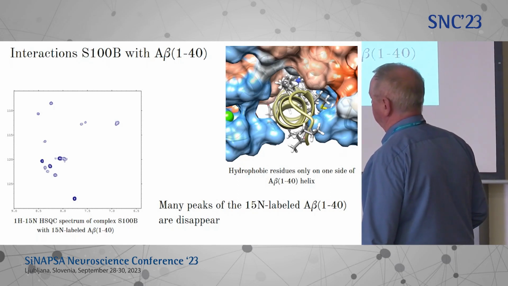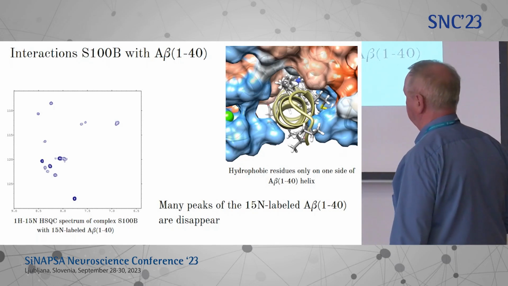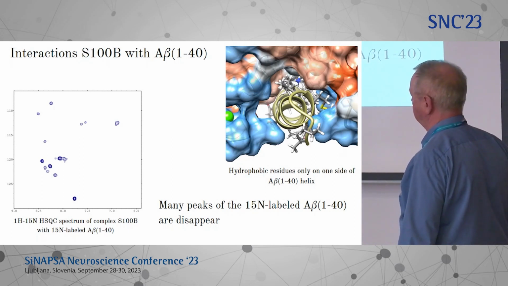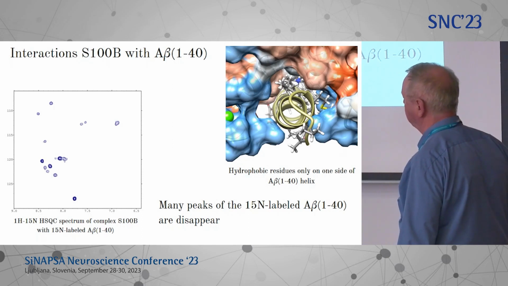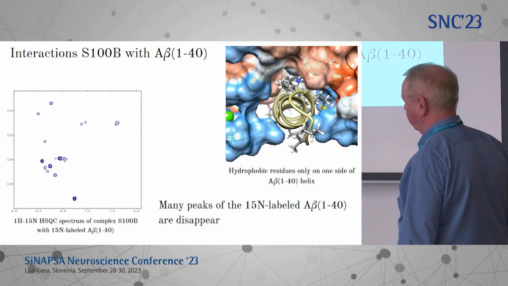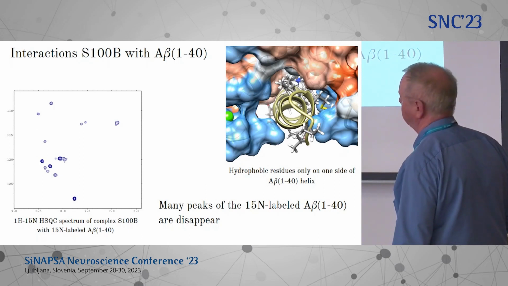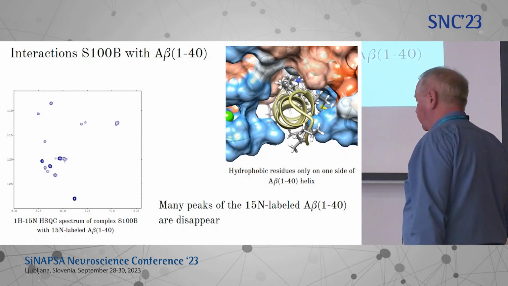Another option is very strong oligomerization of the whole system, but experiments show that the molecular mass of this complex is not changed significantly from the S100 beta protein.